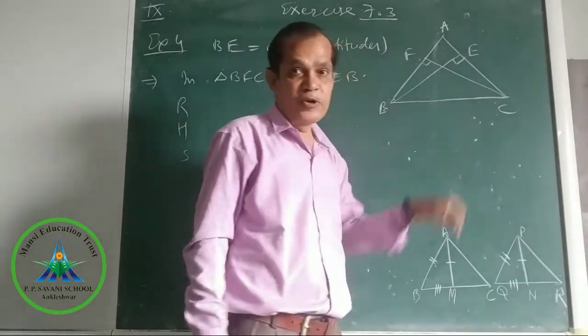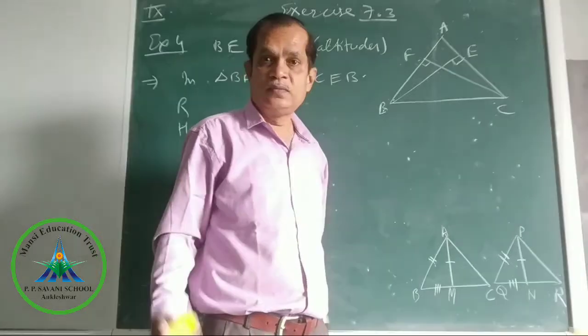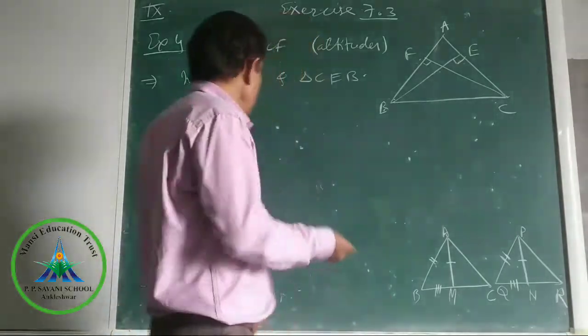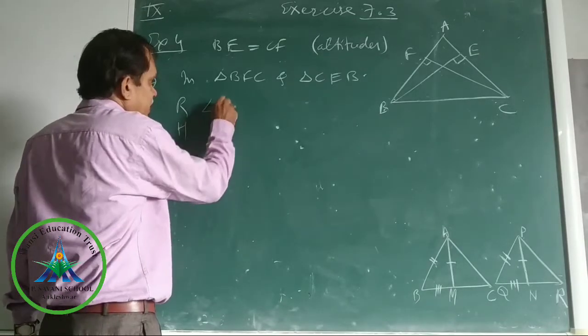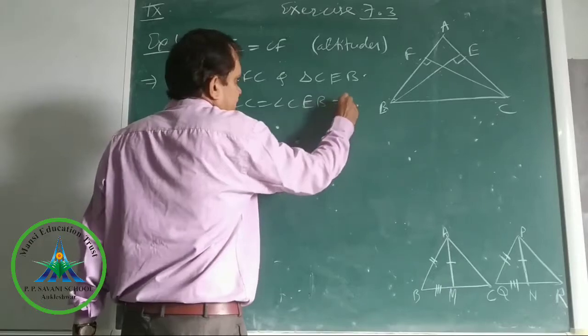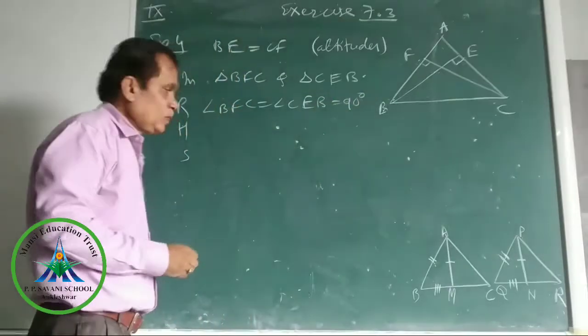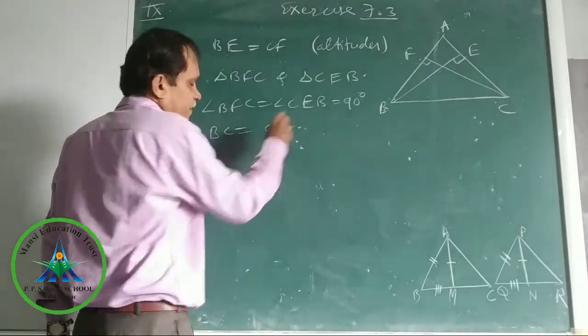BC is the hypotenuse for sure, and this angle is 90 degrees. Proved? So you write RHS: angle BFC equal to angle CEB equal to 90 degrees. Hypotenuse BC equal to CB.